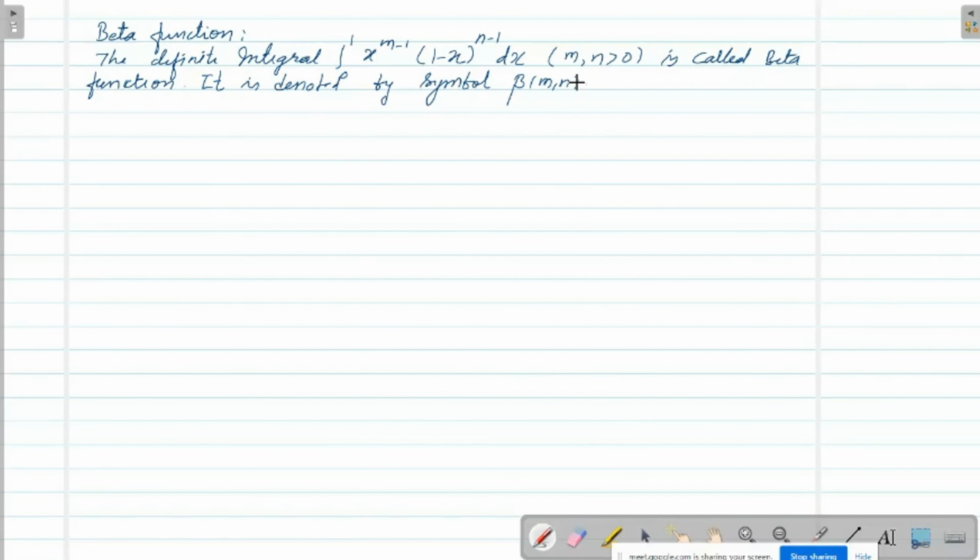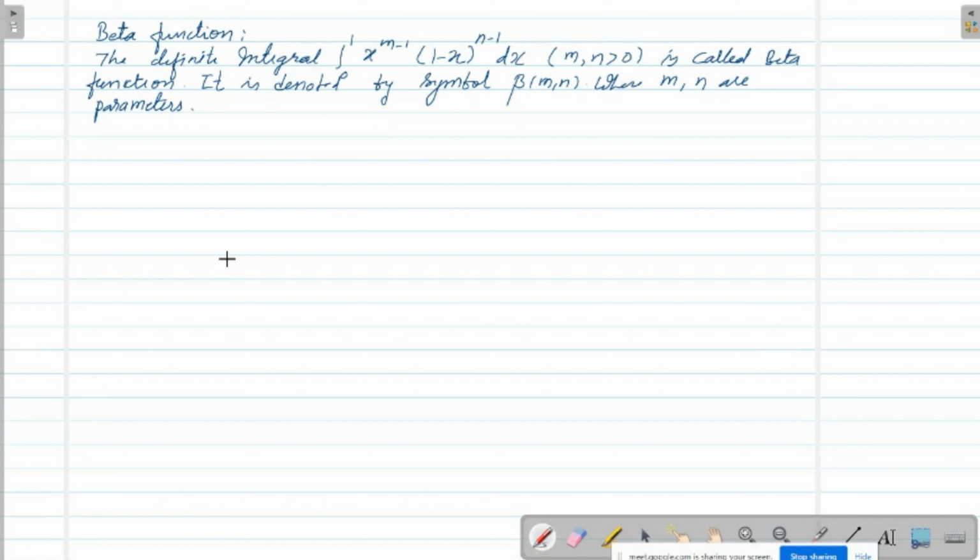Okay, and it is a function of parameters m and n, where m n are parameters. Okay, so this is the simple definition of beta function.